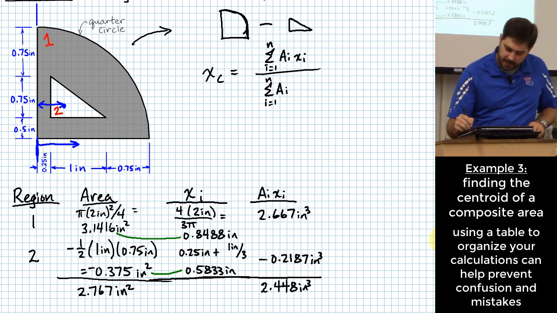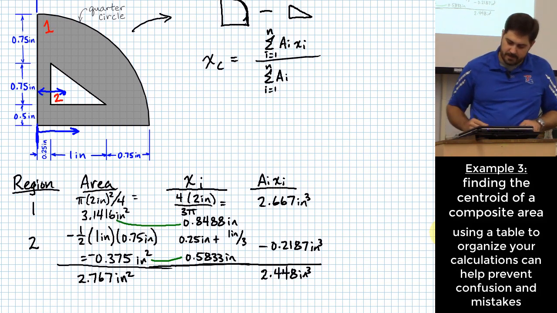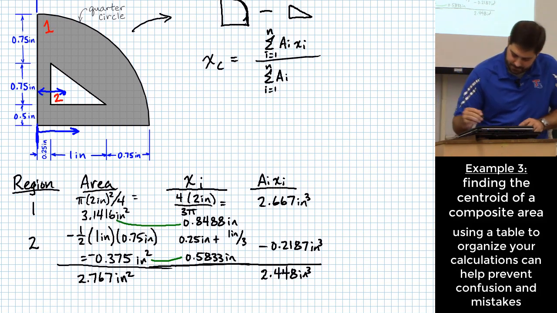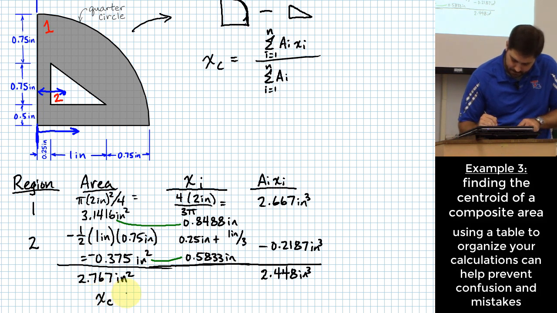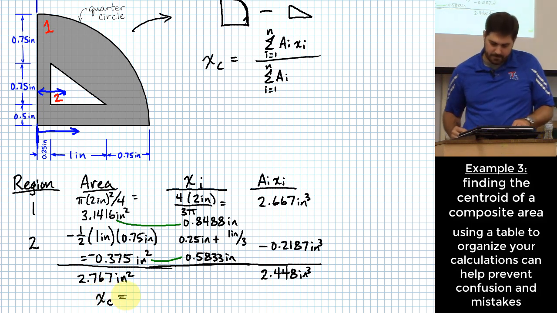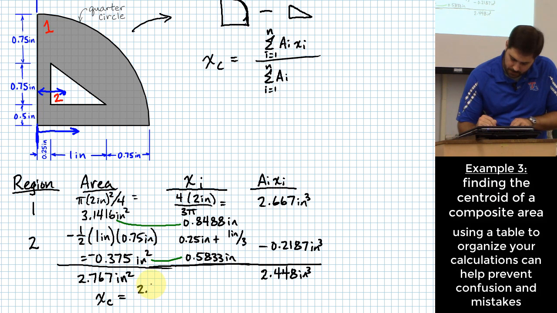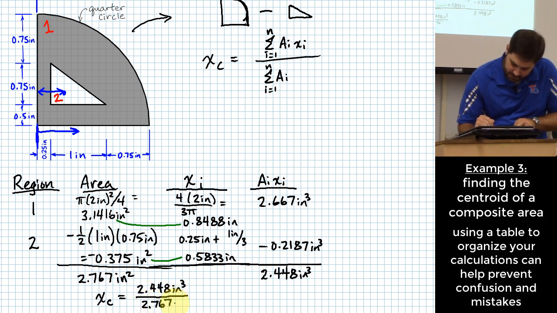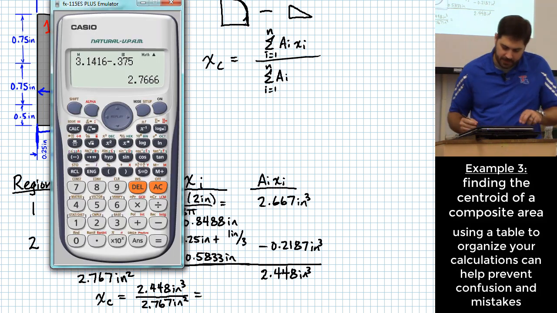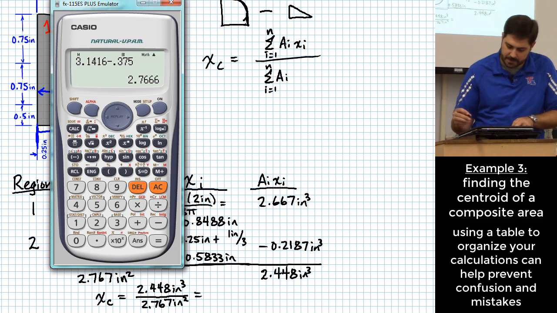So how do you think I come up with my x sub c value? 2.448 inches cubed over 2.767 inches squared, right? And that will give me my x location of the centroid of this composite shape.